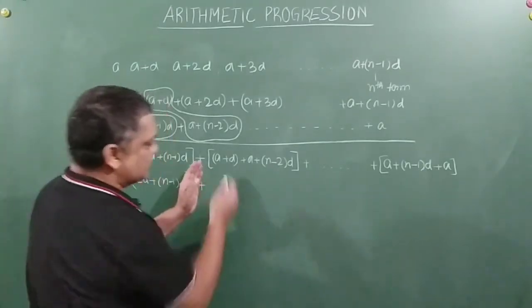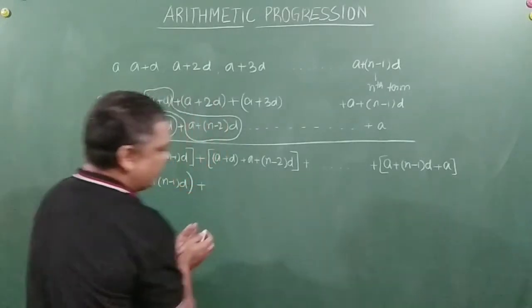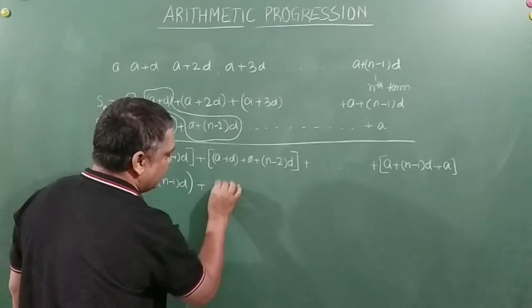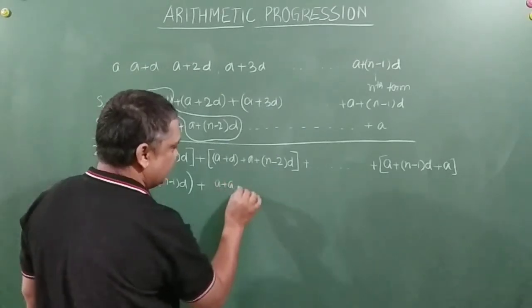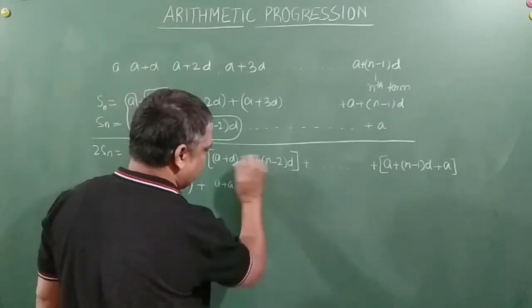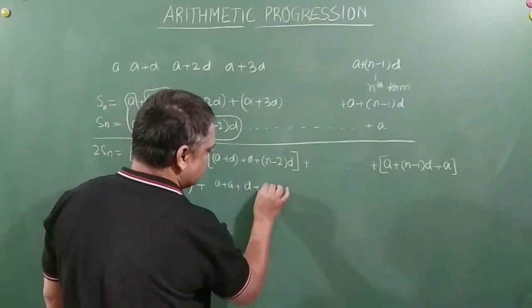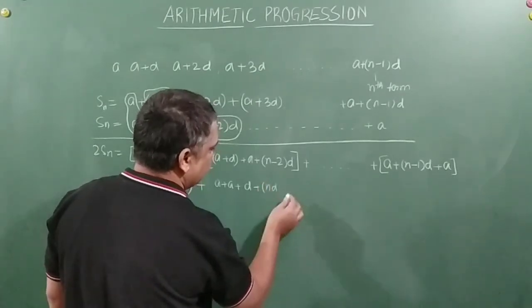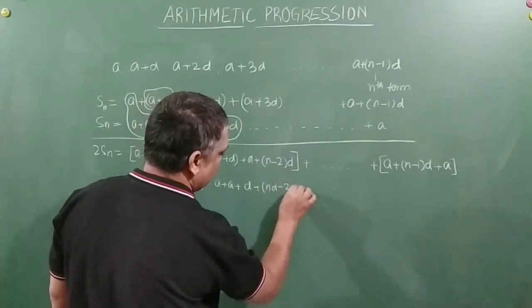Plus, let us try to analyze this, okay? So this becomes how much, my friend? A plus D. I am just opening the bracket here now, as of now, plus n D minus 2D.